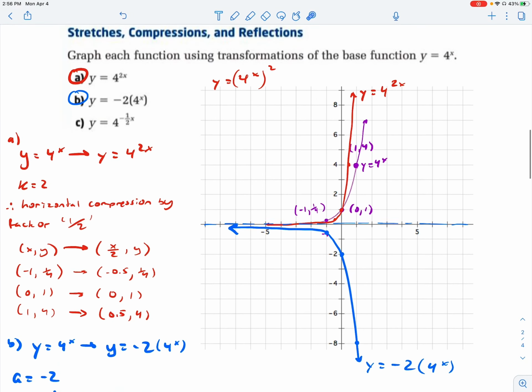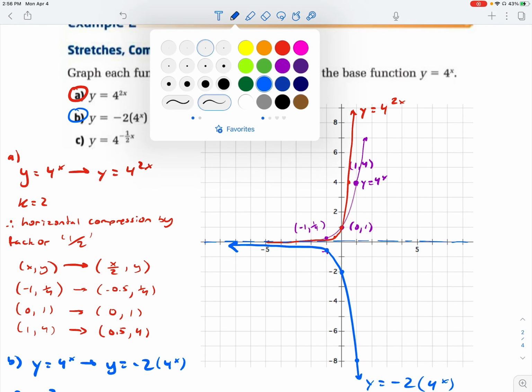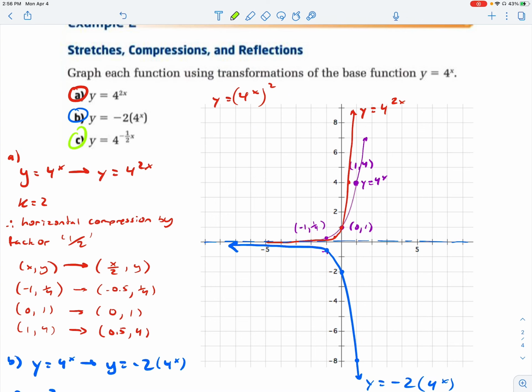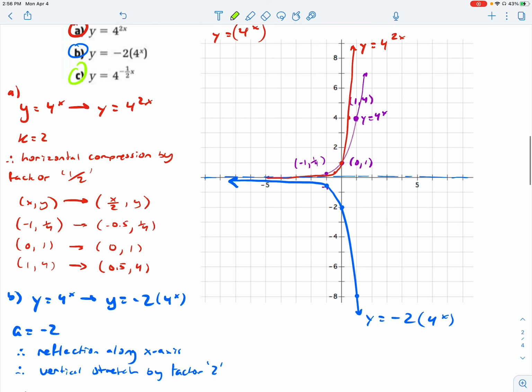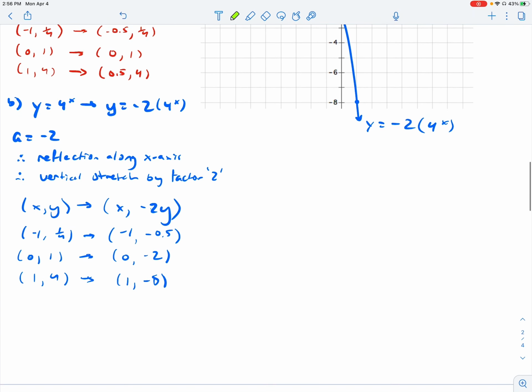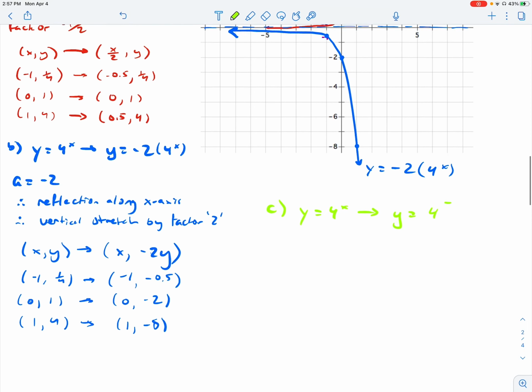Okay, and the last one, we'll go with green. y equals 4 to the negative a half x. So that's my exponent this time. So y equals 4 to the x is going to turn into y equals 4 to the negative a half x.